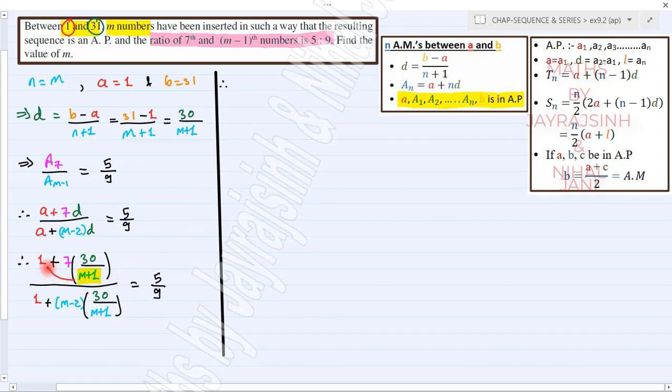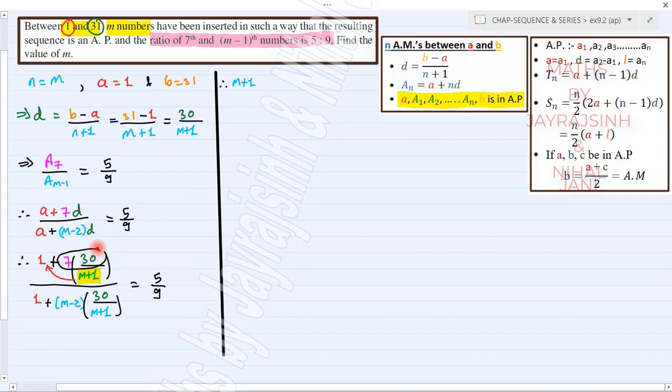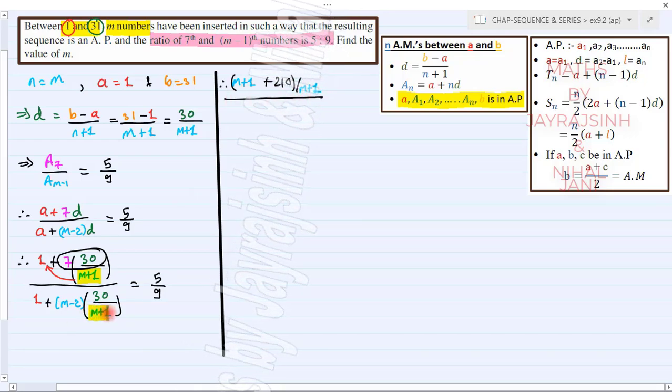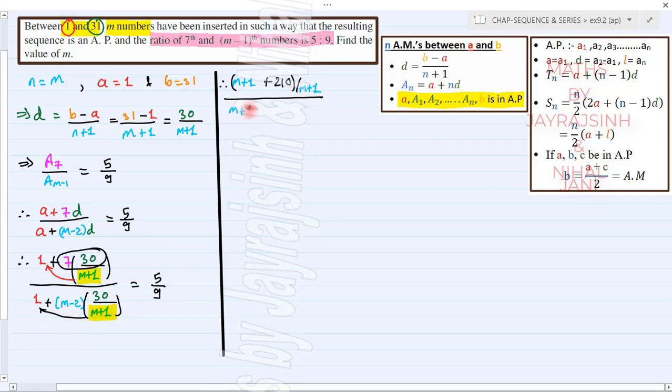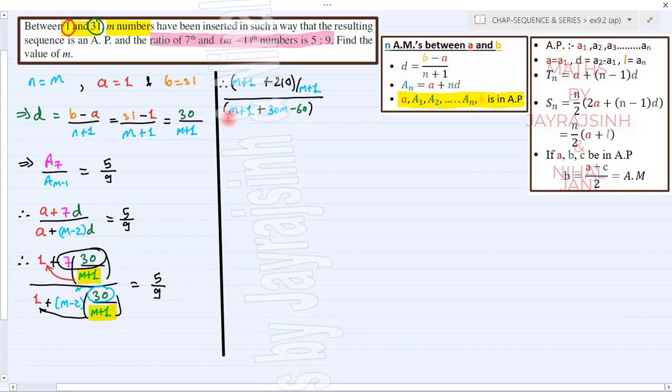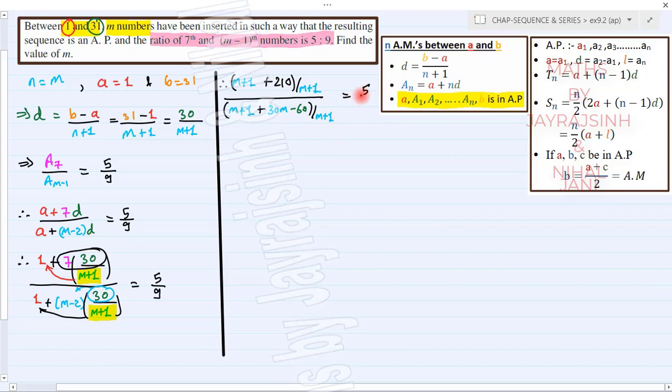So 1 multiplied gives us m plus 1, and 7 into 30 will be 210, upon m plus 1. Similarly, in the denominator, m plus 1 multiplied with 1 will give us m plus 1, and 30 multiplied with m minus 2 will give us 30m minus 60, whole divided by m plus 1, is equal to 5 by 9.